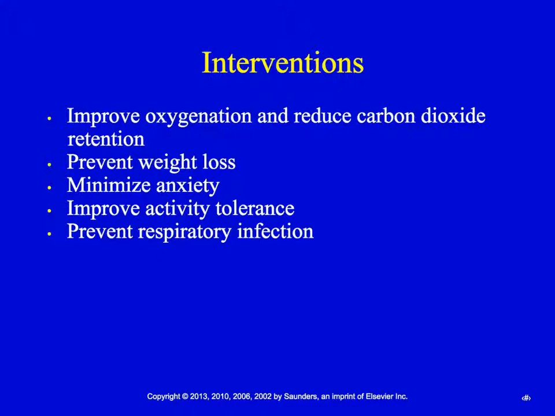So the idea is to give them small, high-calorie meals in order to maintain their weight, because they can typically tolerate small meals better. And if you give them small meals with a lot of calories in it, you should be able to maintain their weight.